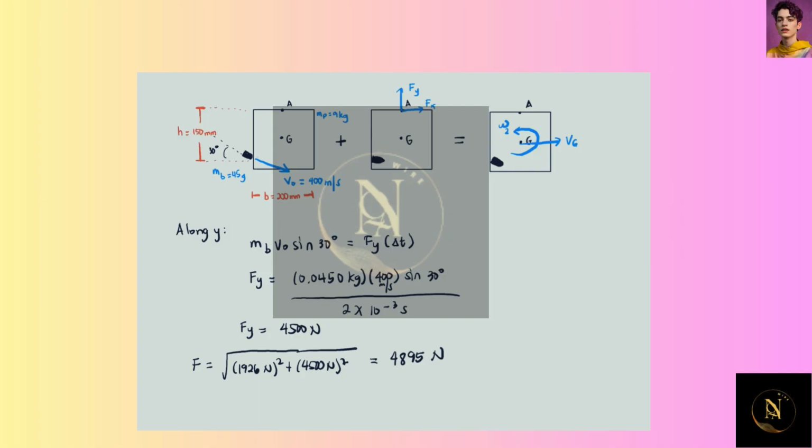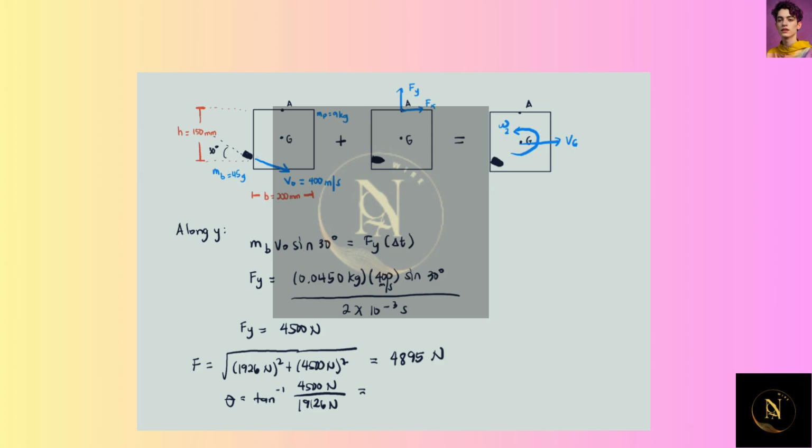4895 newtons. Then, for the angle, that would be theta equals arctangent of y over x, so that the angle would be with respect to the positive x-axis. So 4,500 newtons over 1926 newtons.